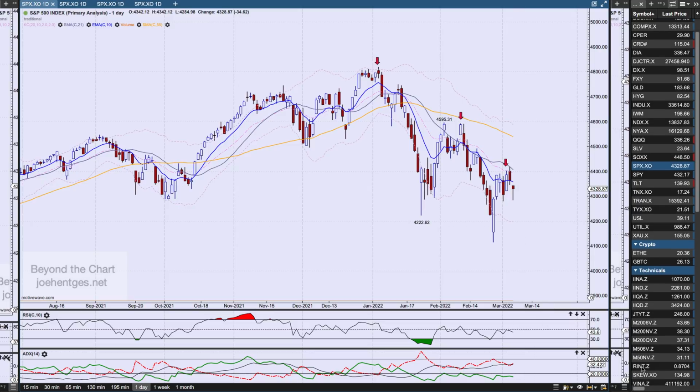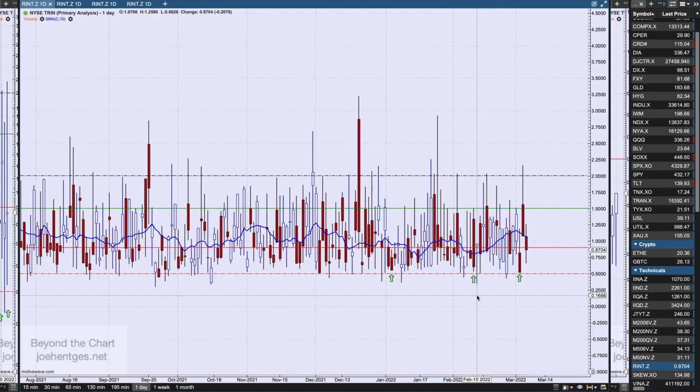I said, okay, look at the short-term trading index. Since January 1st, here are the lowest readings, right here. And when you get below a 0.5, the reading here on Wednesday was 0.5243, so just 0.52. That was the lowest reading of the year. And these were the other two very low readings.